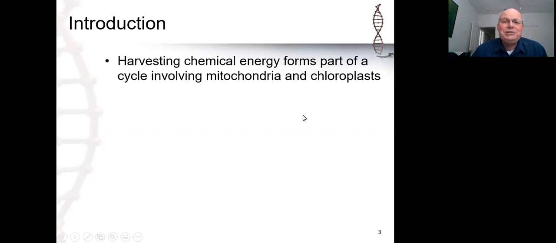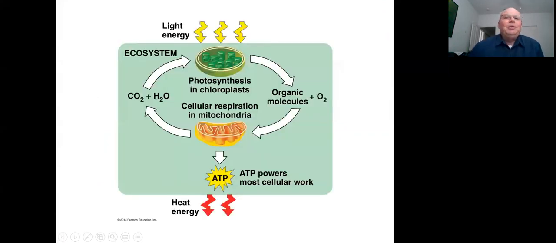So there is this connection between cell respiration and photosynthesis. And we've talked about this before, the notion that energy flows linearly through ecosystems. It flows into the ecosystem via photosynthetic organisms, primarily plants and algae. But we've seen that there are other types of photosynthetic organisms, and they use the energy of light to turn carbon dioxide and water into different types of organic molecules.